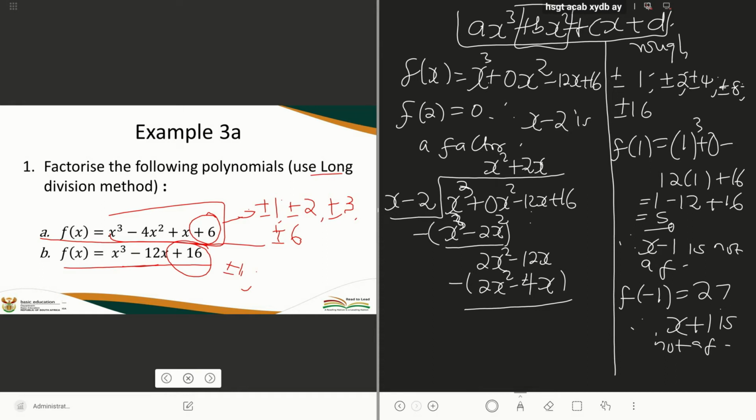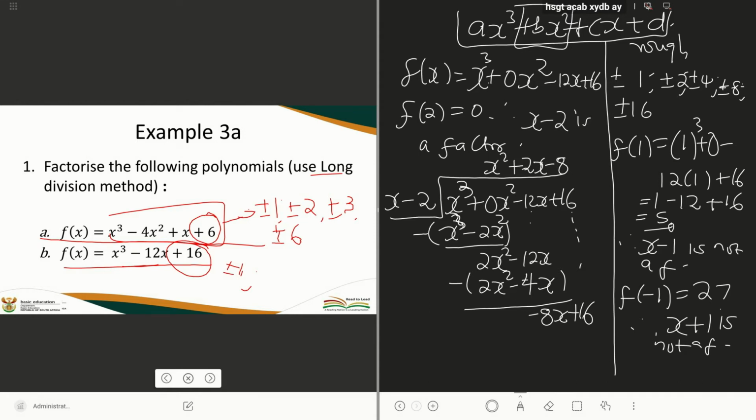So it's going to be negative 12 plus 4, going to be negative 8x. Then we bring down the next term, which is positive 16. Right? X into negative 8x goes how many times? So it's minus 8.